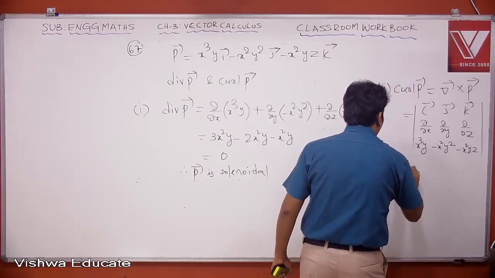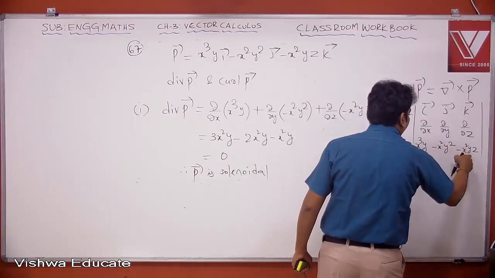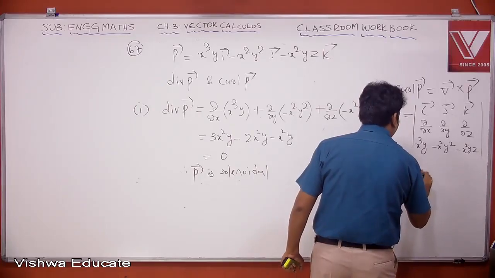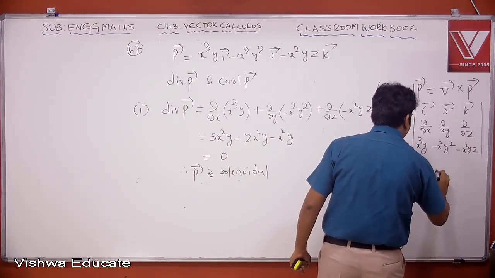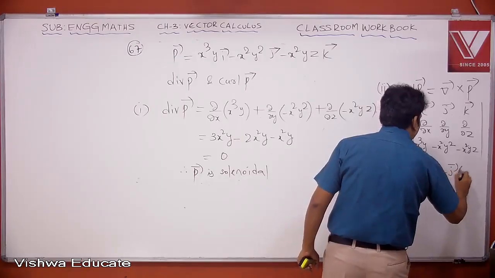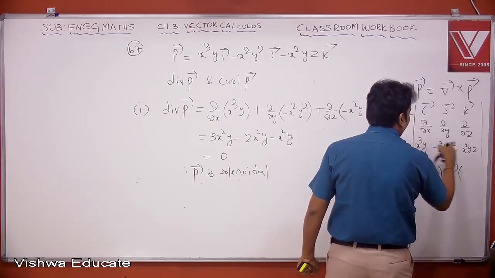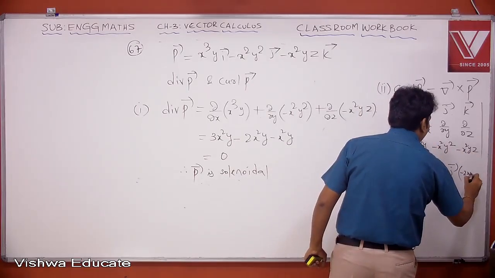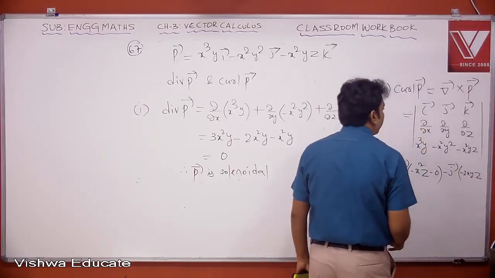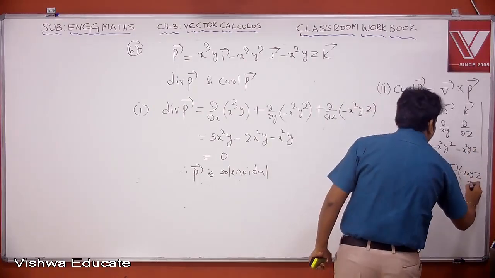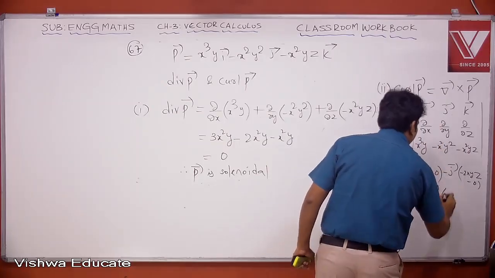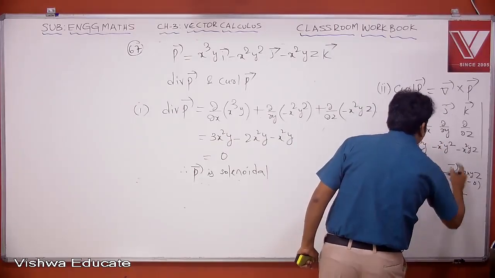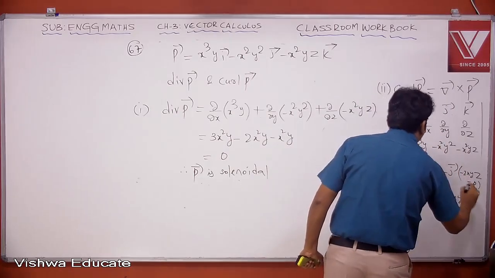So this is i bar into dou by dou y of this, so minus x square z, minus dou by dou z of this, minus 0, minus j bar into dou by dou x of this, minus 2xyz, minus of 0, plus k bar into dou by dou x of this, minus 2xy square, minus dou by dou y of x cube y.